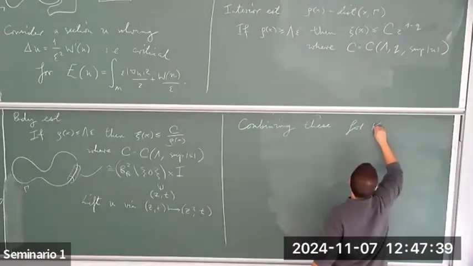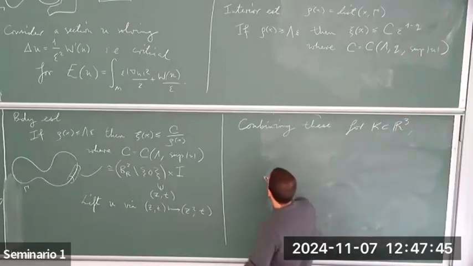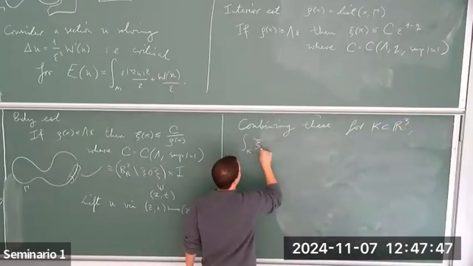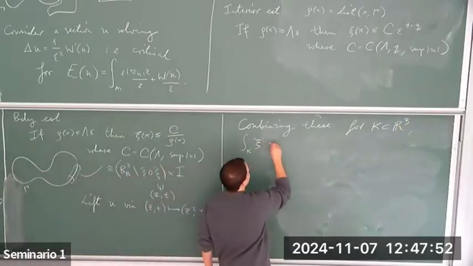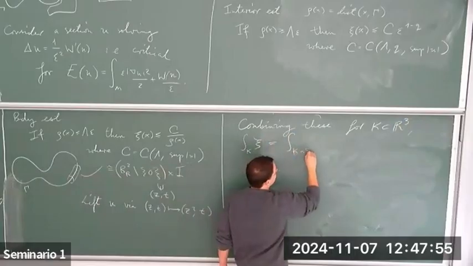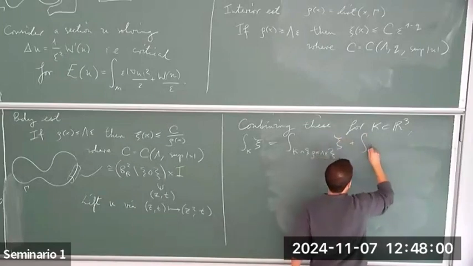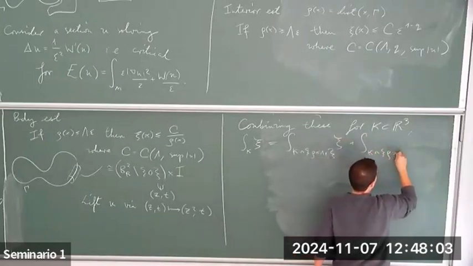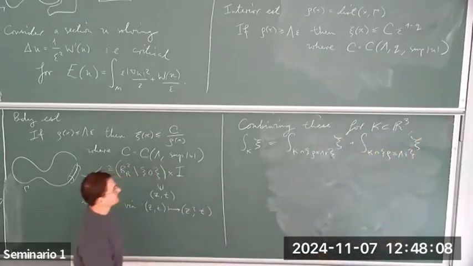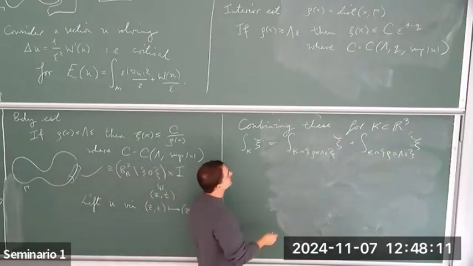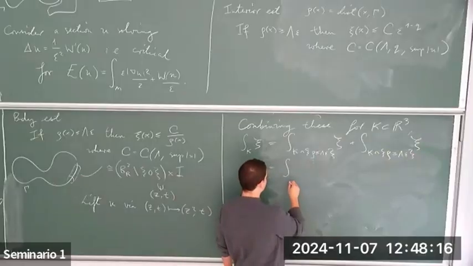So if we take a compact set K in R^3 and integrate the discrepancy over K, we're going to want to split this into a piece close to the boundary and a piece that's away from the boundary, and rewrite the first term using the co-area formula.